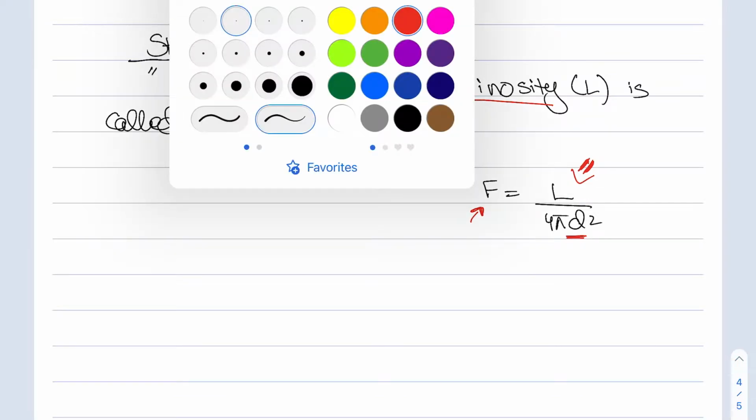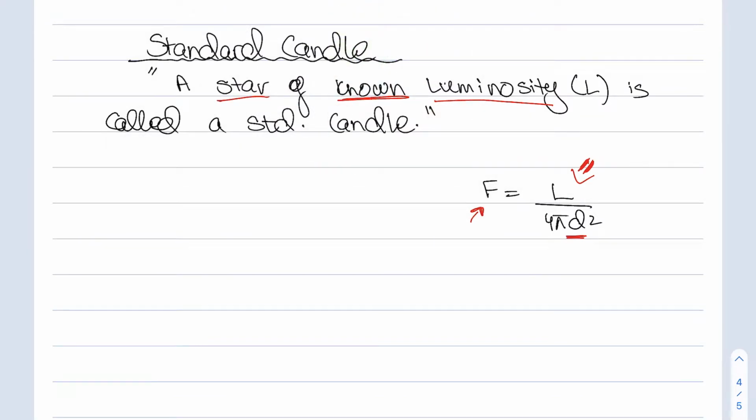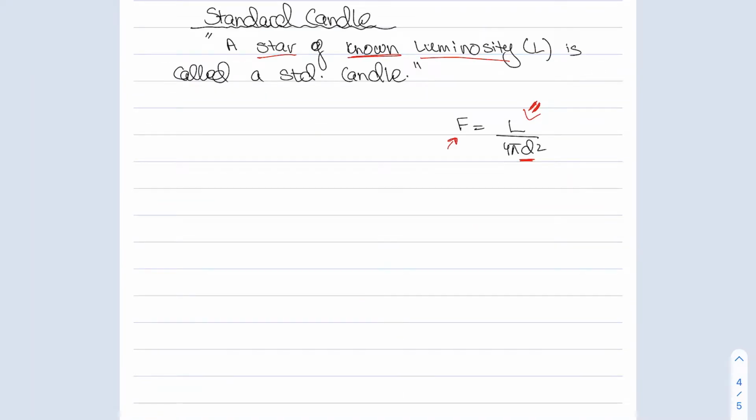So in the exam, the examiner might say that there are two stars of similar luminosity. So I'll write down a question now.